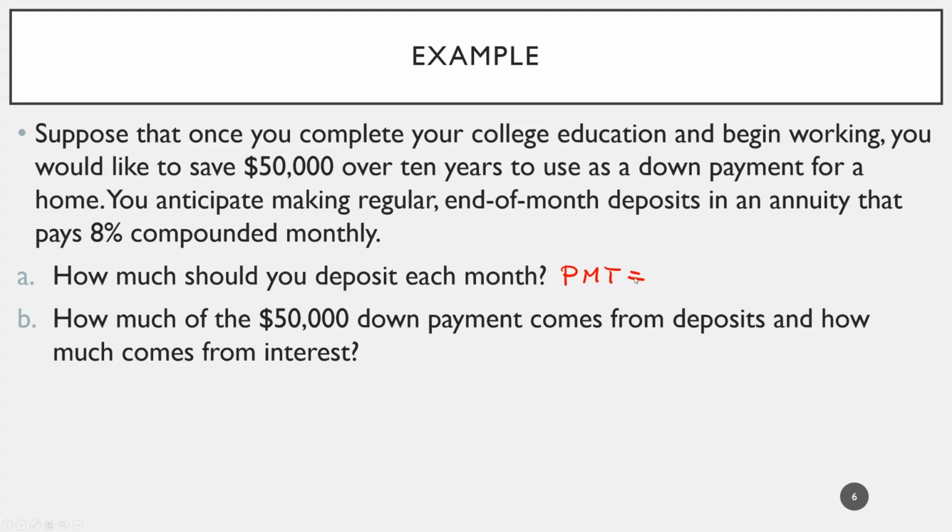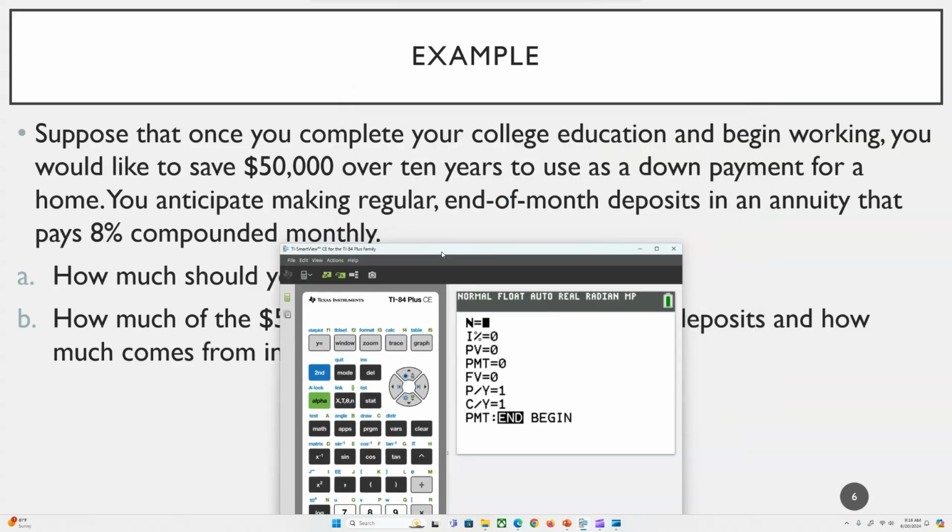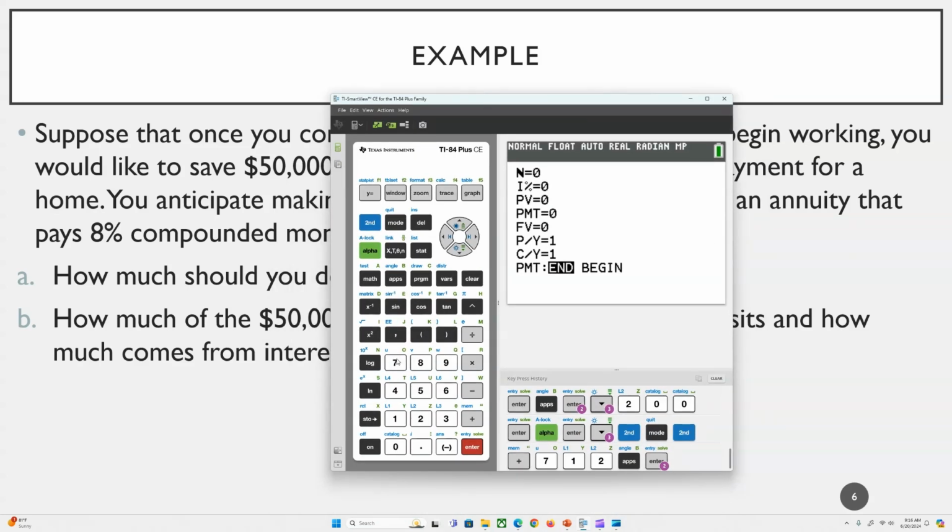All right, so let's figure this out. Capital N. I'm going to do monthly deposits for 10 years. That's what I said. I wanted to have $50,000 over 10 years. So 10 times 12, I'm going to make 120 payments. The interest rate I'm getting is 8%. Now the present value, well, how much do I start in the account with?